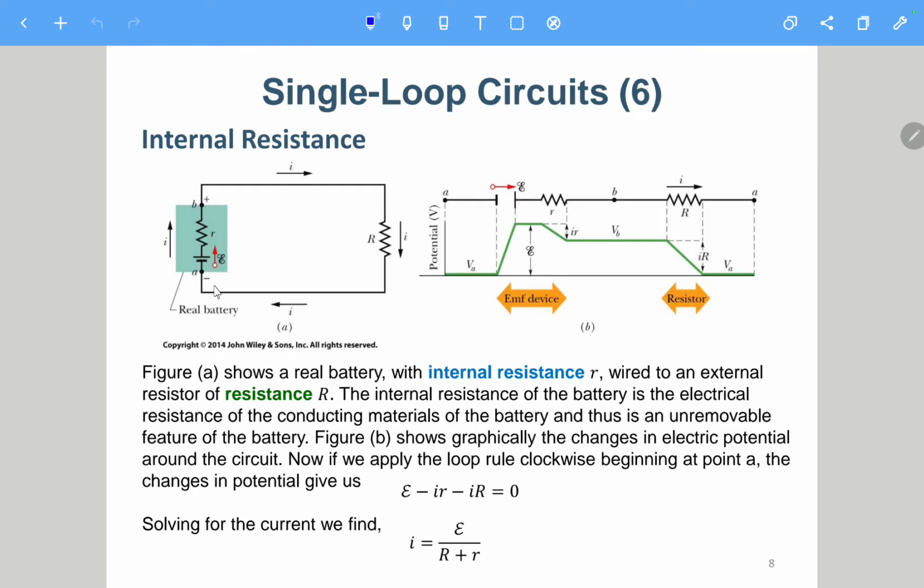In that case, the total resistance of the circuit will be R plus small r, so we should have E equals I times small r plus capital R. Still nothing special. The only difference is that the internal resistance makes the current smaller, because part of the EMF is absorbed by this internal resistance.